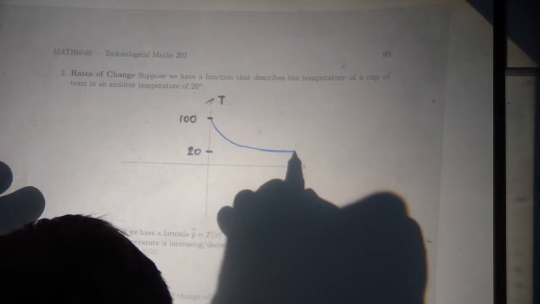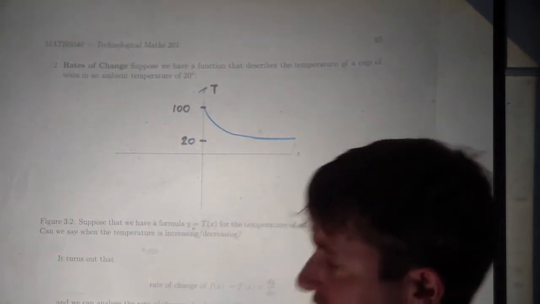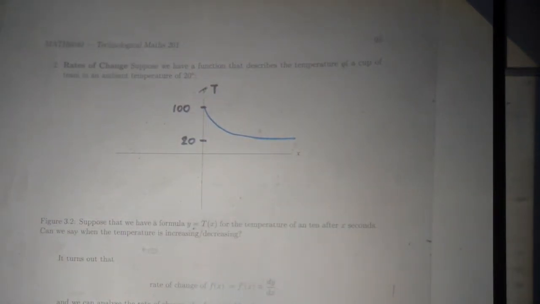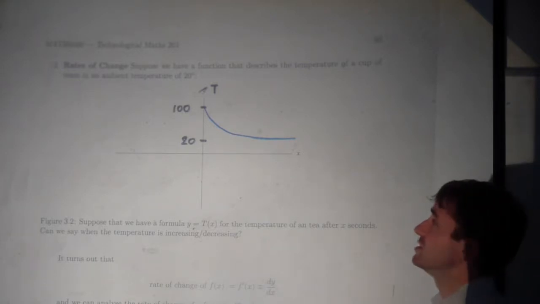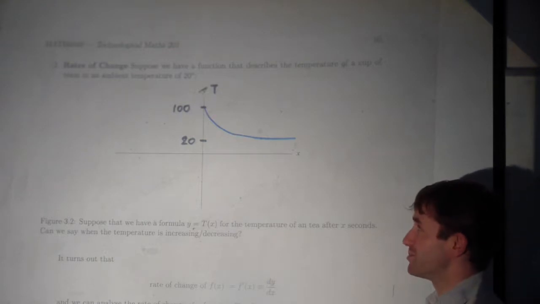It's going to start at, shall we say, 100 degrees, and it's going to cool to 20 degrees. The graph will do something like that. As x, which is supposed to be time, gets bigger and bigger, the temperature of the tea gets closer and closer to the ambient temperature of 20.